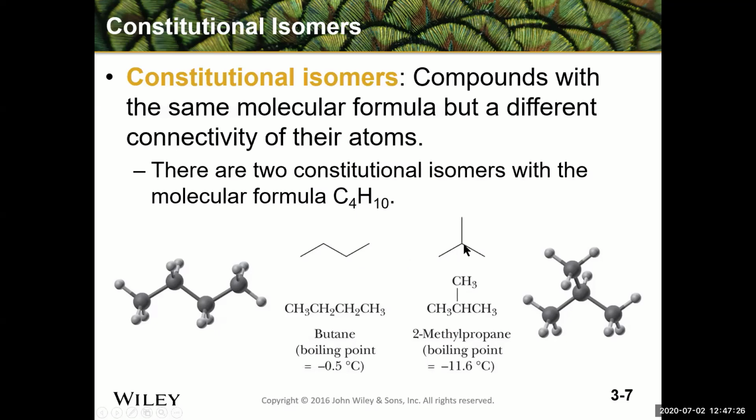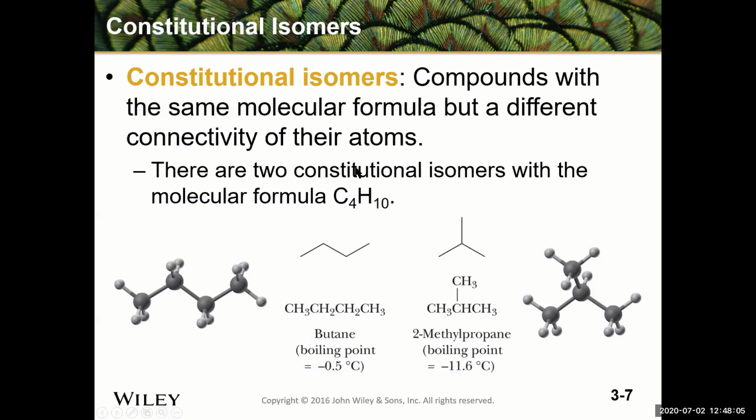You can have a chain of 3, and then the 4th carbon comes off as a branch. So you have a branched chain molecule here, but they still have the same formula. Okay, but notice that this is called butane, and this is called 2-methylpropane. This has a much lower boiling point than this compound here. So these are constitutional isomers, but they have different structures, different bonding arrangements of the carbons.